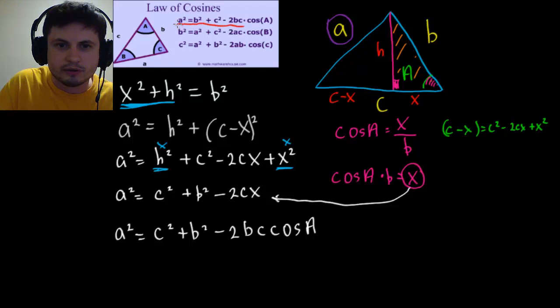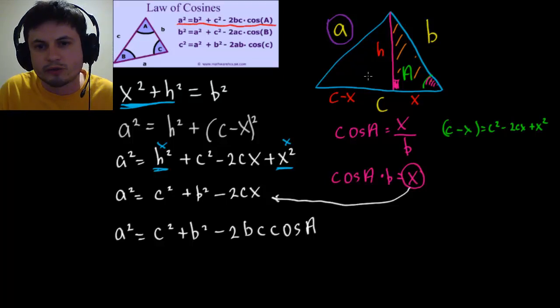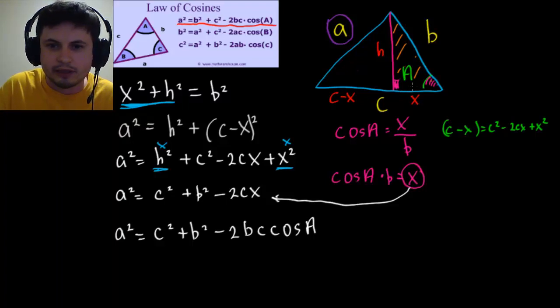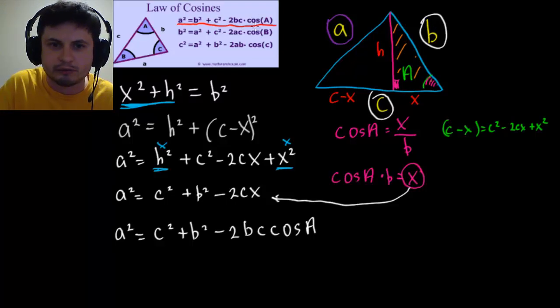In other words, to find a side of a triangle when you don't know if it's a right triangle or not, if you have two other sides and an angle between them, you have to square one of the sides. So in this case, we're squaring c, so c squared plus b squared, and then we're subtracting 2 times b times c times the cosine of the angle between them.